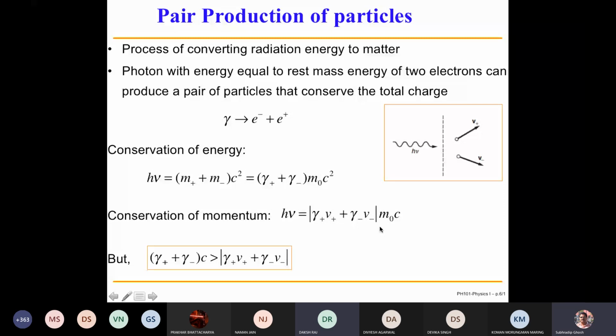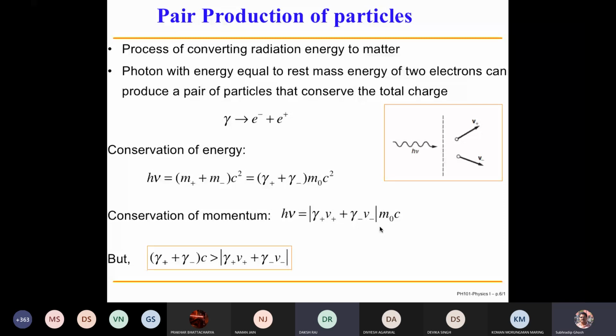So what do we do? We need a medium. What do I mean by a medium? We need a third particle for carrying off the excess momentum. The excess momentum has to be carried by a third particle.